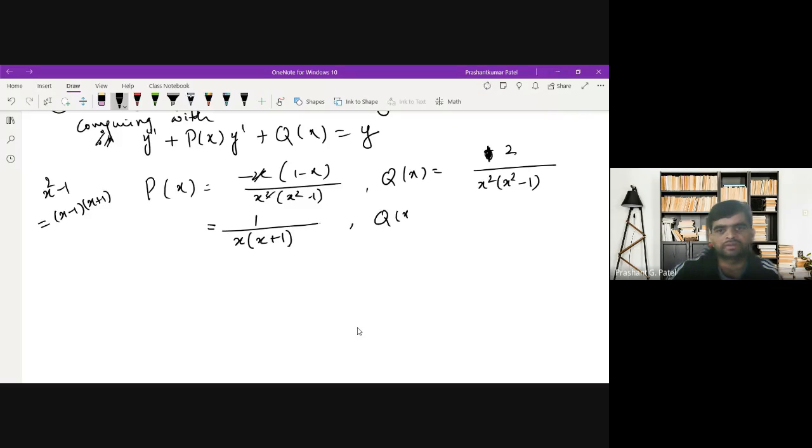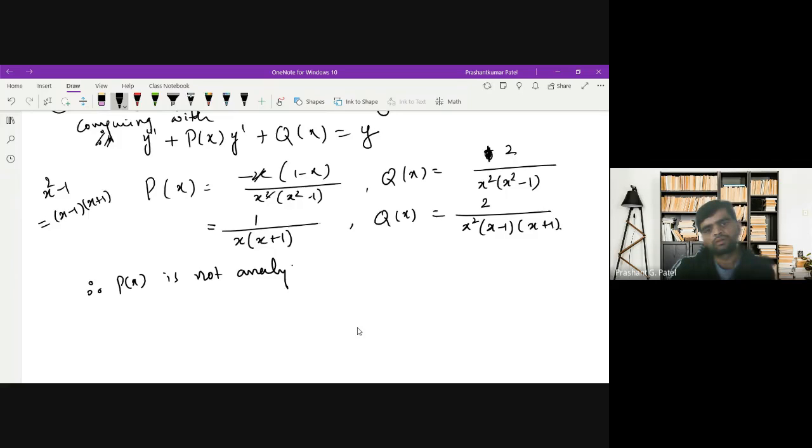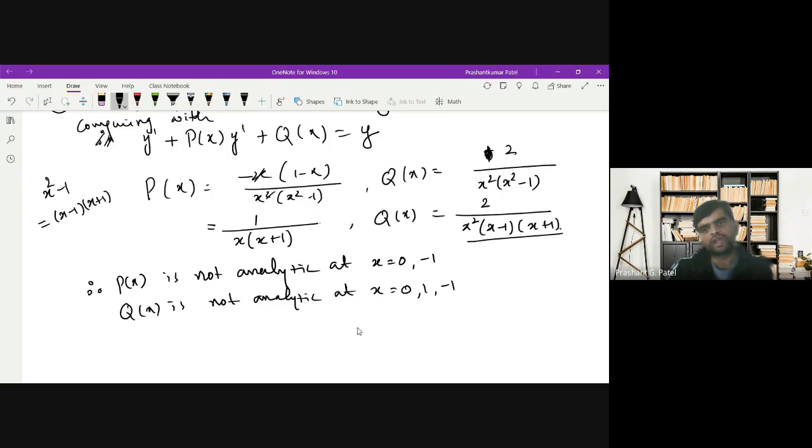Q of x you can write down as 2 upon x square into x minus 1 into x plus 1. One can observe that this p of x is not analytic at x is equal to 0 as well as minus 1, and q of x is not analytic at x is equal to 0, 1 and minus 1, because they are not defined at those points.